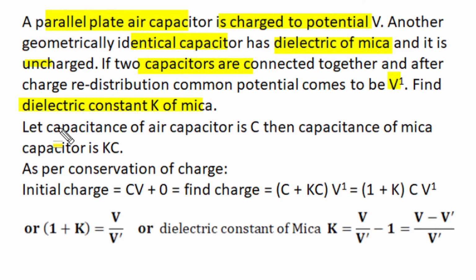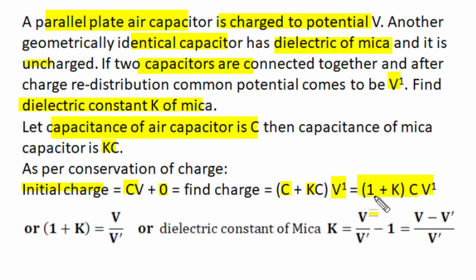Let the capacitance of the air capacitor be C, and a similar mica capacitor of dielectric constant K would have capacitance KC, and as per conservation of charge, the initial charge is only on the air capacitor, CV, as the mica capacitor is uncharged, and finally with common potential V dash the two capacitors in parallel have equivalent capacitance C plus KC, so (1 plus K) multiplied by CV dash is the final charge on the two capacitors.